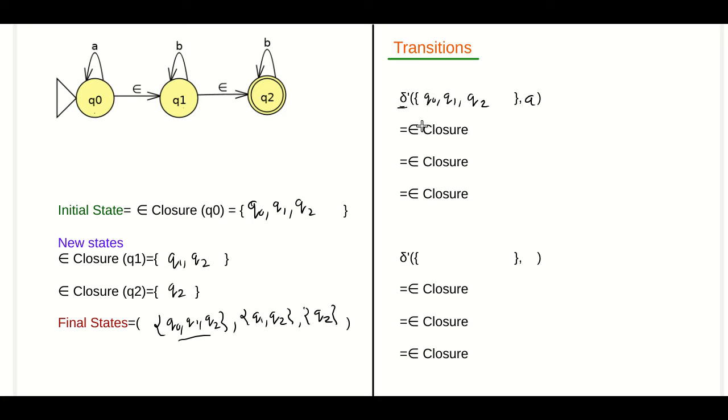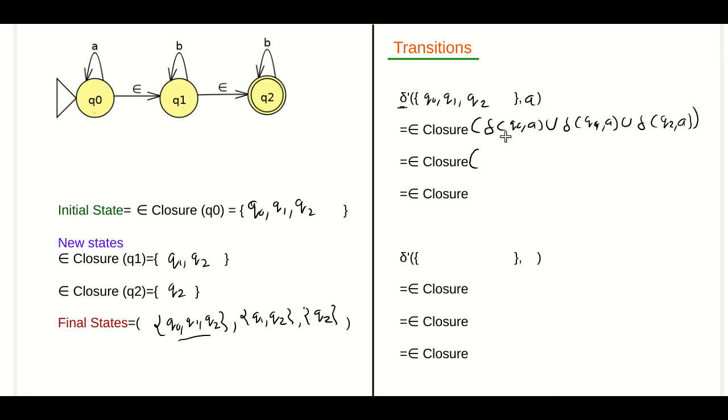So delta dash of Q0, Q1, Q2 on A will be the epsilon closure of delta of Q0 A union delta of Q1 A union delta of Q2 A.